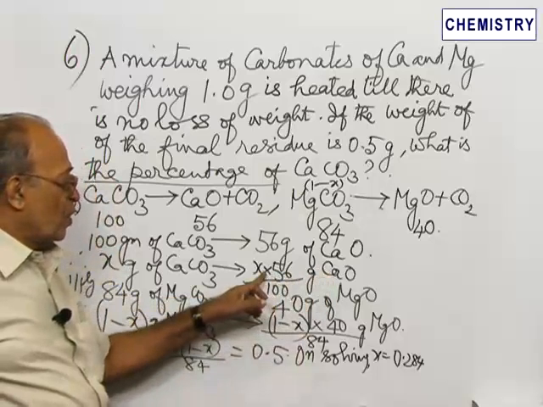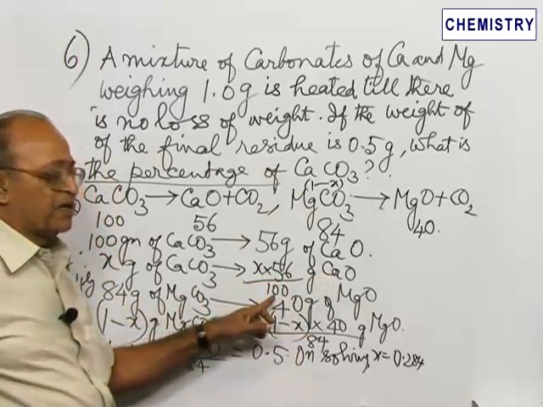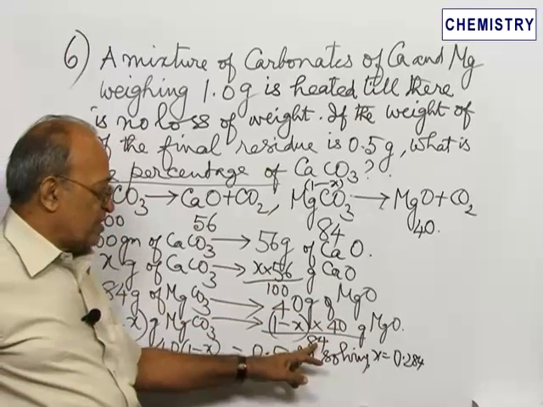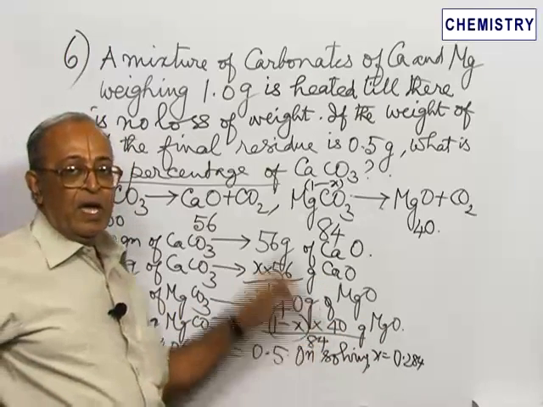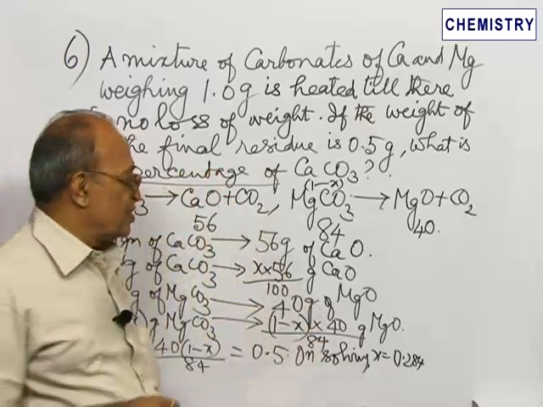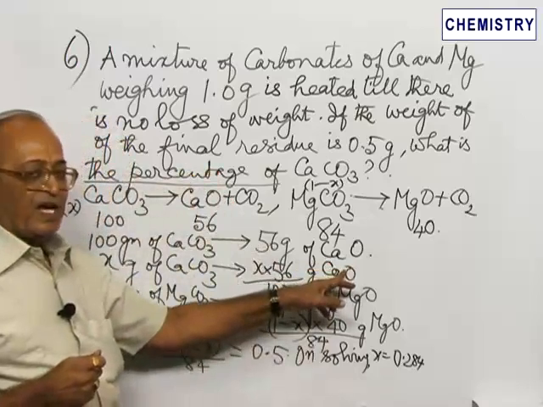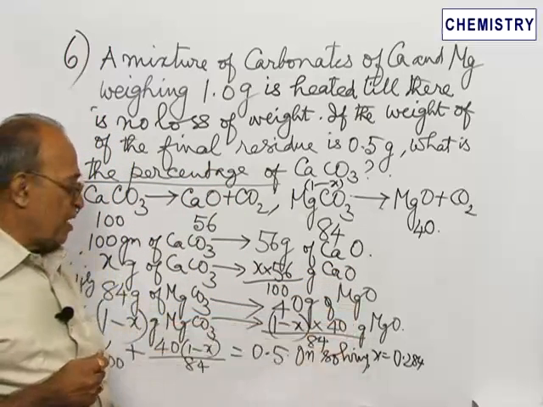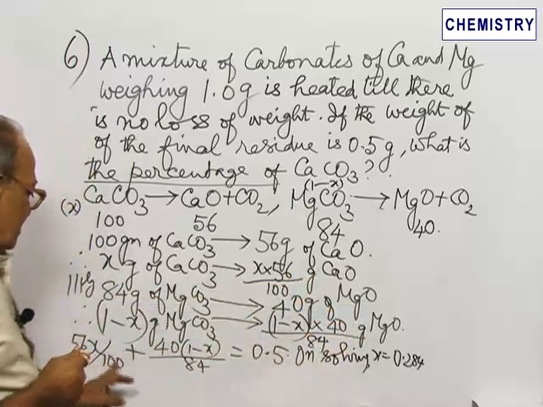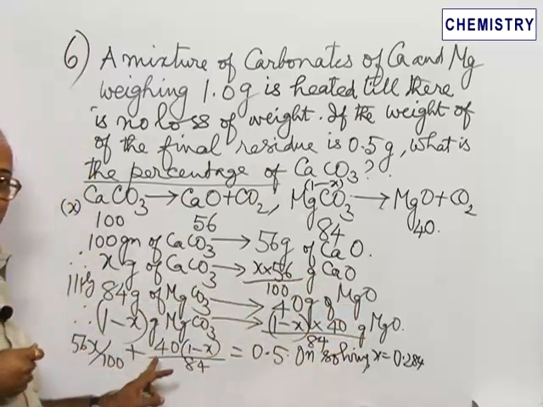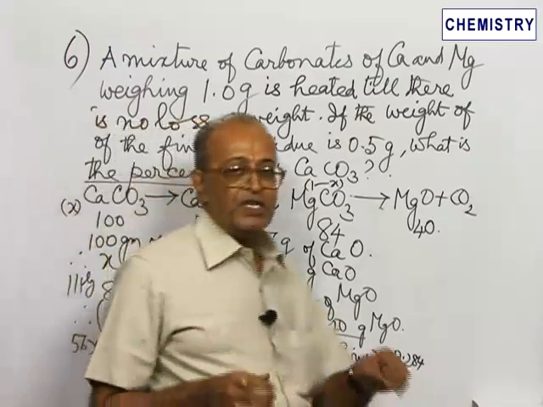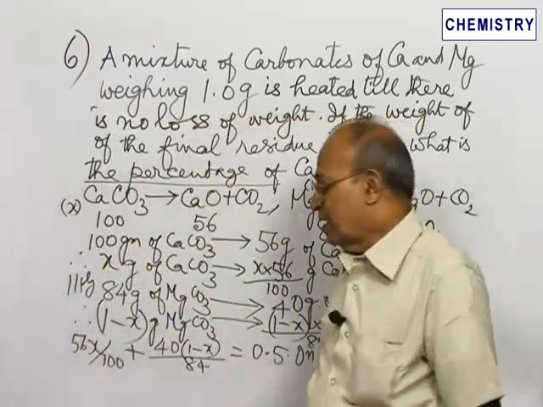Weight of CaO is 56X by 100. Weight of magnesium oxide is 40 into (1 minus X) by 84. But in the problem it is given the final weight of the residue, that means weight of calcium oxide plus magnesium oxide is 0.5. That means 56X by 100 plus 40 into (1 minus X) by 84 is equal to 0.5.